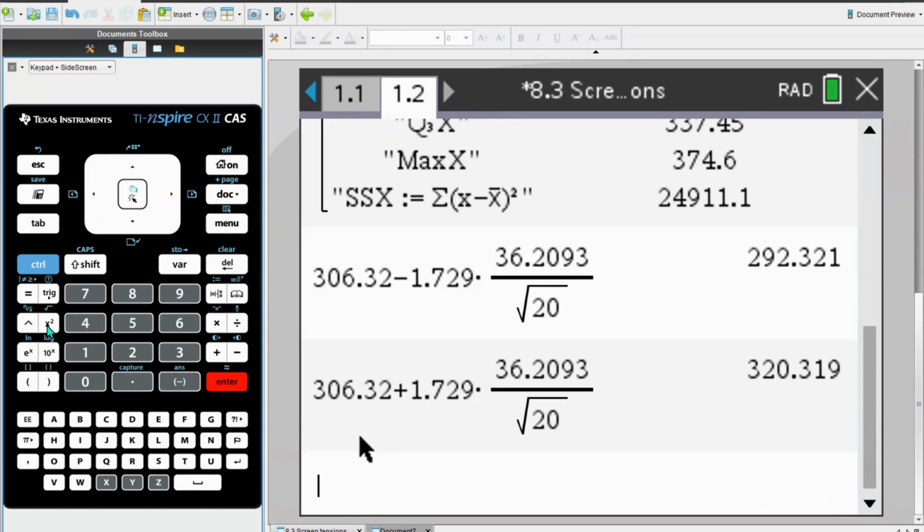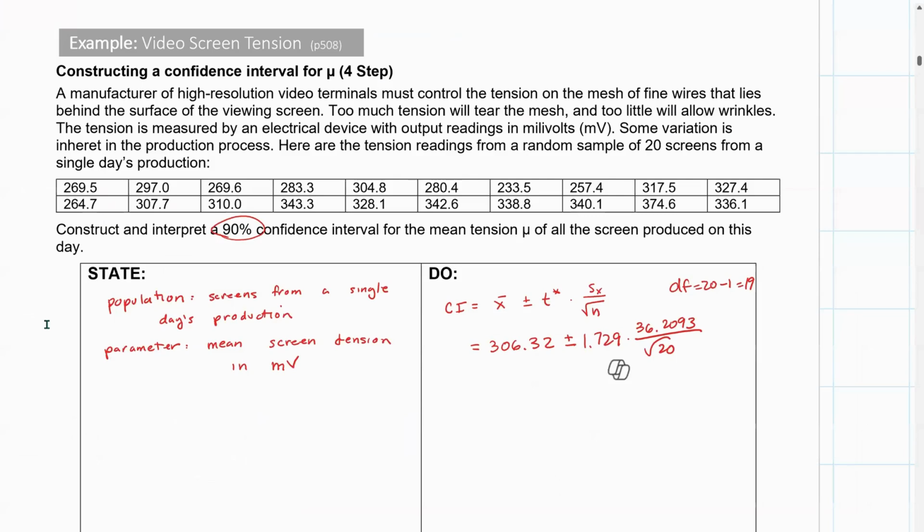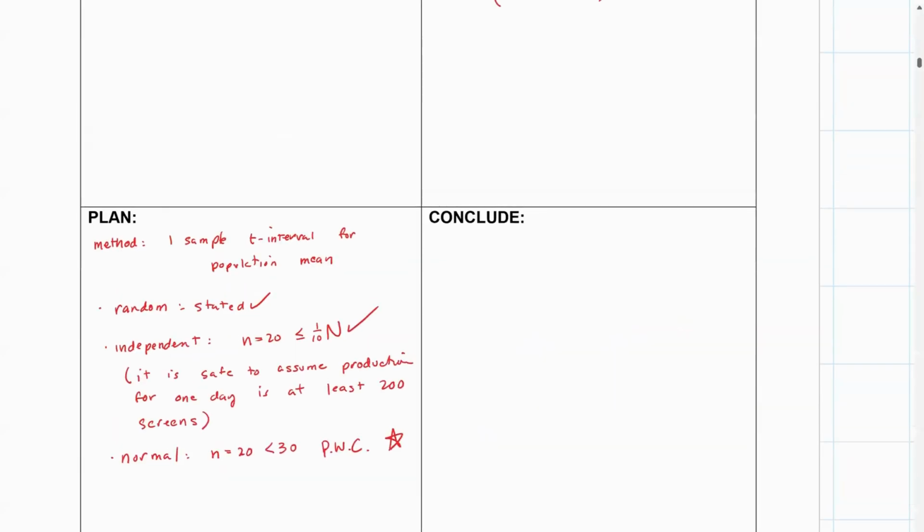All right, so let's put that onto our sheets. So the lower bound was 292.321, and the upper bound was 320.319. Let's go to our conclusion.